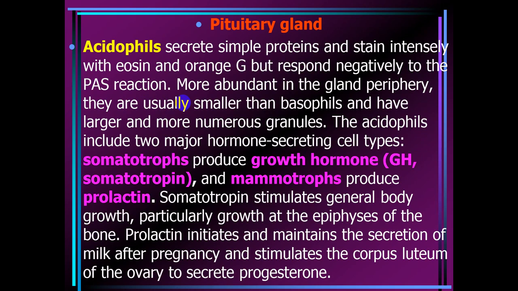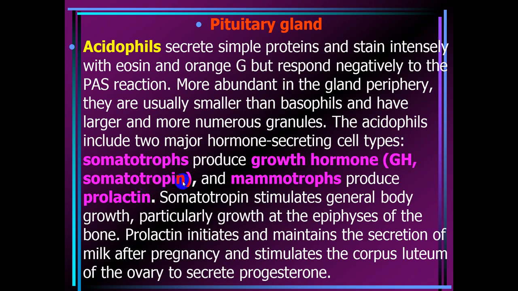Acidophils include two major hormone-secreting cell types. First, somatotrophs. Somatotrophs produce growth hormone, international abbreviation GH, growth hormone or somatotropin.